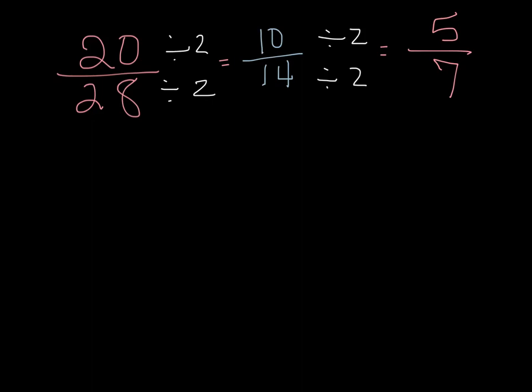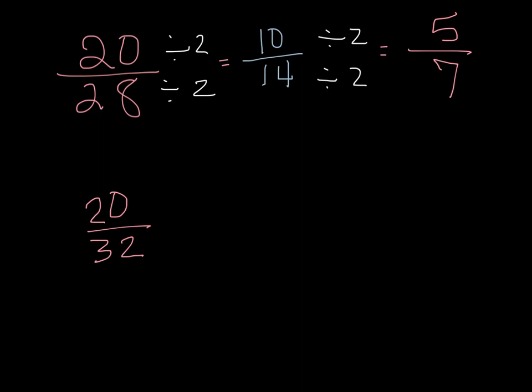Let's also look at this one of 20/32. Well, I know that I can start with a 2, but that's going to give me a 10, so can 3 go into both of those?